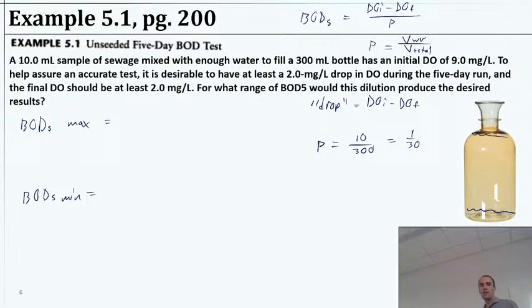If we start with 9 and we need at least 2 left, then the max drop we can have is 7. So 9 minus 7 divided by the 1 over 30. The 7 is coming from the fact that we still need 2 remaining. So this will end up equaling the 2 remaining divided by 1/30.